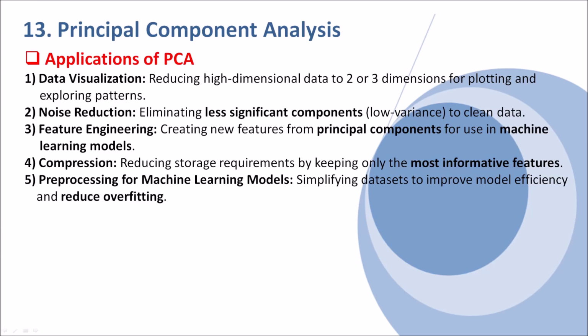Until now, we have seen two examples. Now, let's see where we use principal component analysis. First, data visualization: reducing high-dimensional data to 2 or 3 dimensions for plotting and exploring patterns. In the previous example, especially the second example, we had 4 images, then we reduced it to 3 images, namely 3 dimensions.